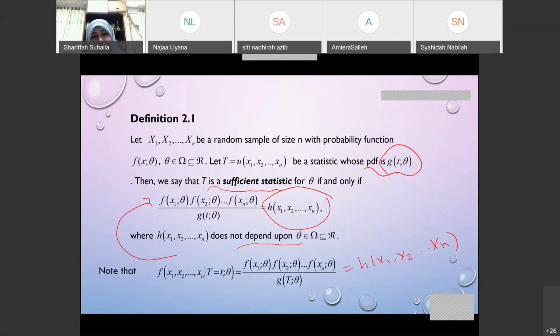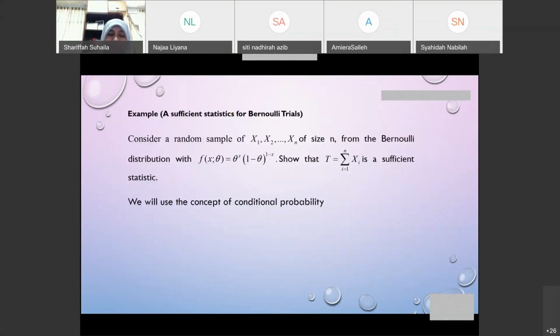Okay, itu secara definisi ya. Okay, kita nak tengok macam mana kita nak explain in terms of probability function. We start with a simple one, because nanti at the end tu kita akan guna one theorem which is called the factorization theorem.